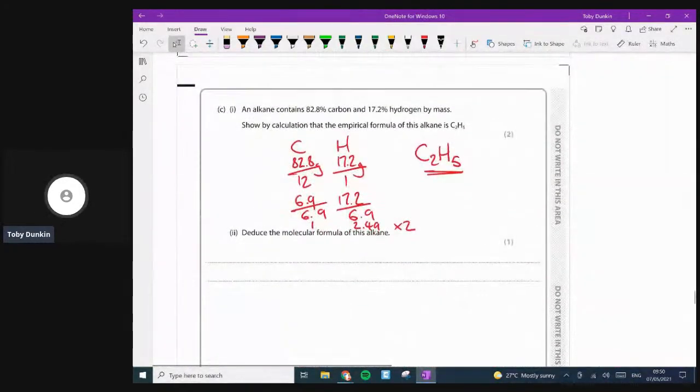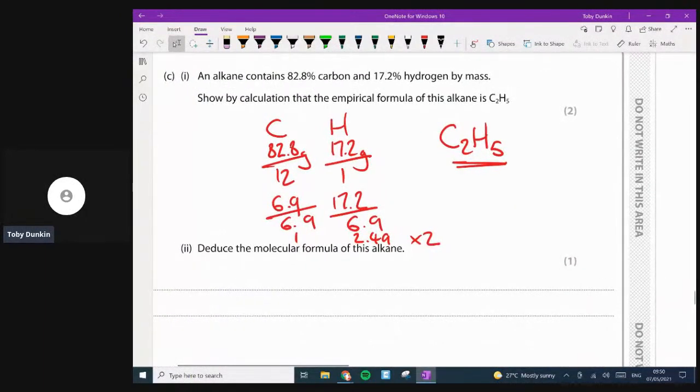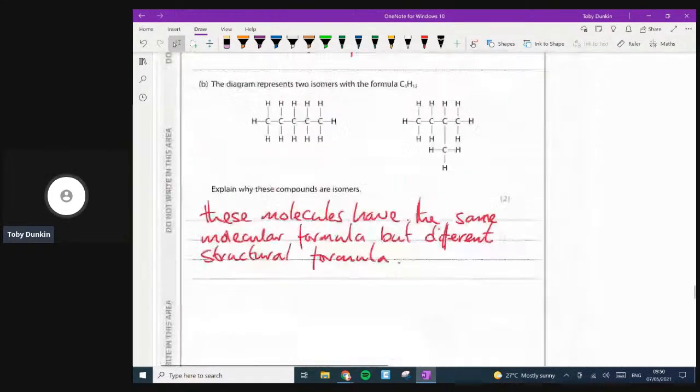It hasn't given me an MR. Show by calculations that the empirical formula of the alkane is this. Okay. Deduce the molecular formula of this alkane. Could be anything. They haven't given me the MR. I don't get it. Am I missing something?